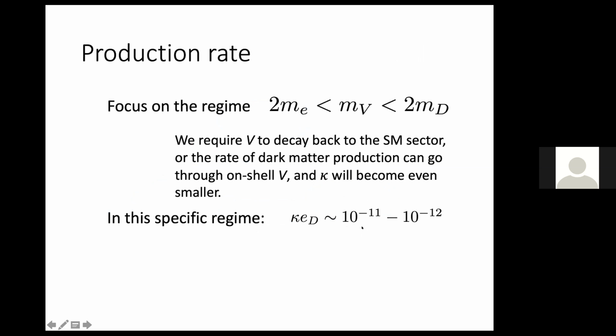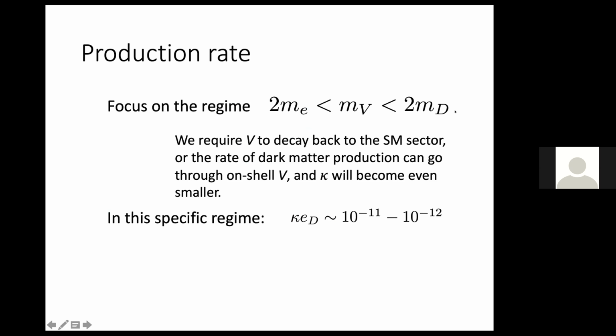So we want to consider the cases where we can get as large a signal as we can, okay? It turns out that to have the signal, the spectrum must look like this. This MV, the mass of the dark photon, must be between 2 times the electron mass and 2 times the dark matter mass.